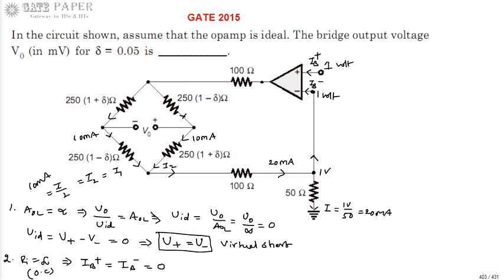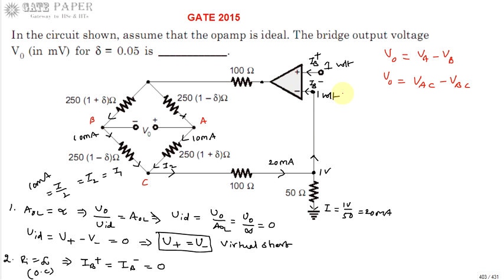Next we are going to find the output voltage. To calculate it, assume this is node B, this is node A, and this is node C. V0 can be written as V0 is equal to VA minus VB, that is, the voltage at terminal A with respect to terminal B. We can write it as VAC minus VBC with respect to the common terminal.